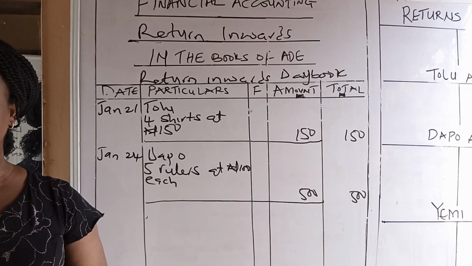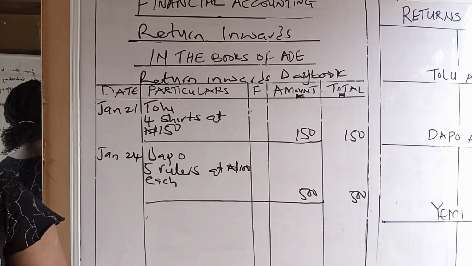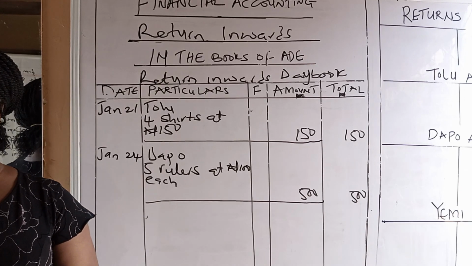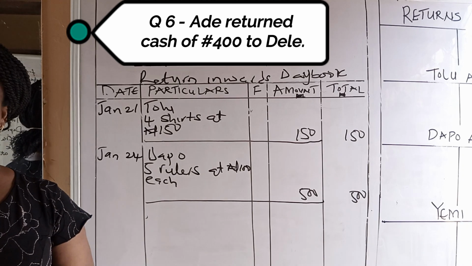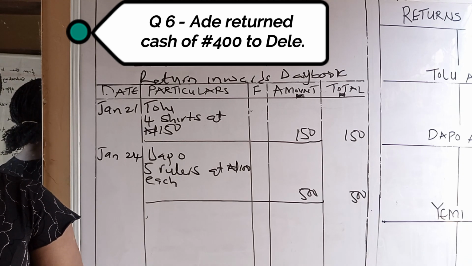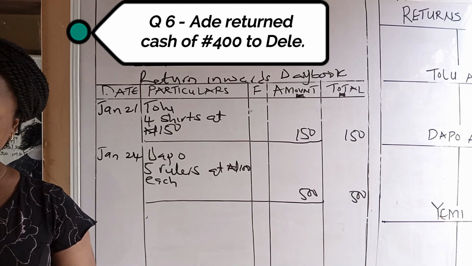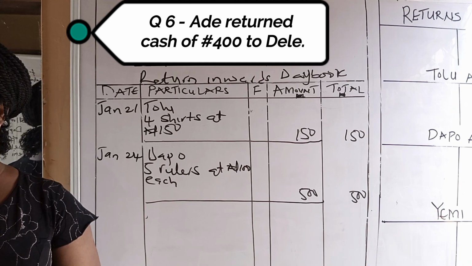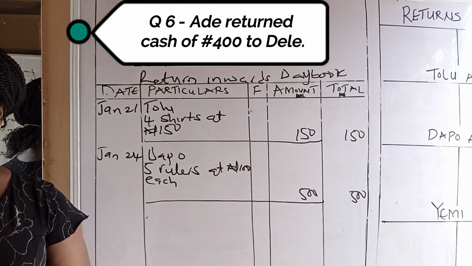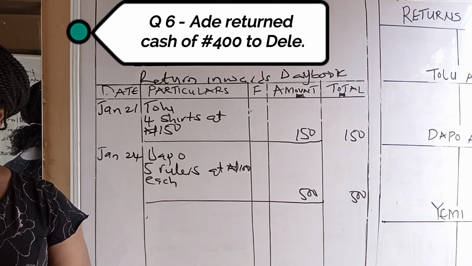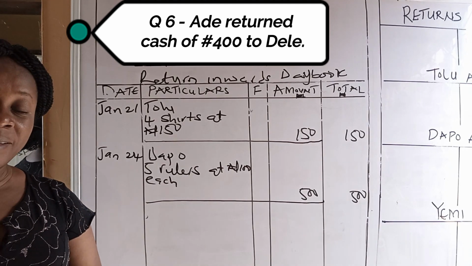It is recorded in the cash book, the appropriate subsidiary book of account for such a transaction.